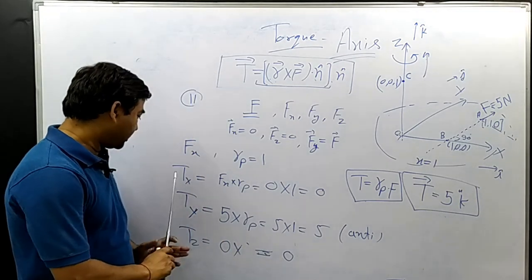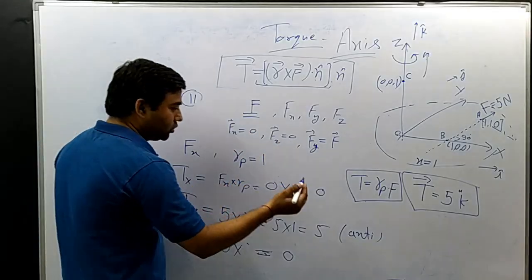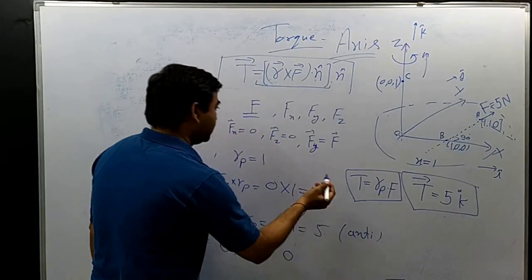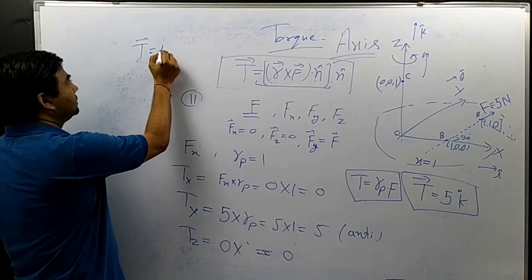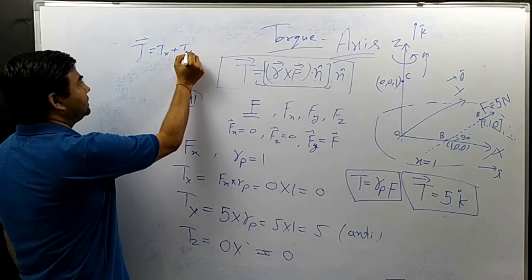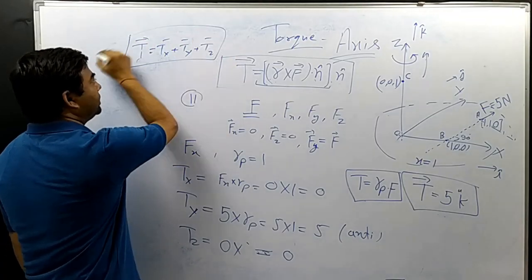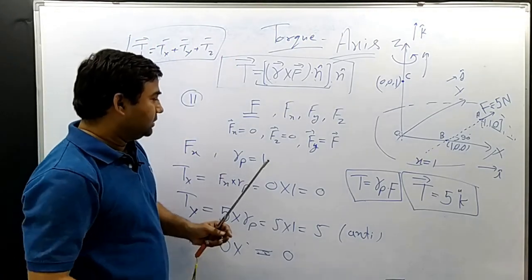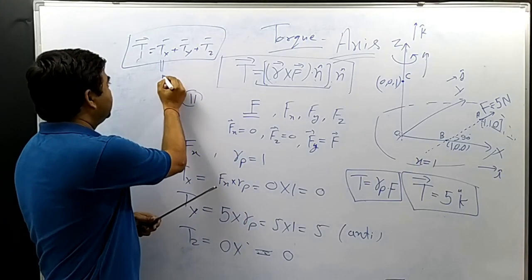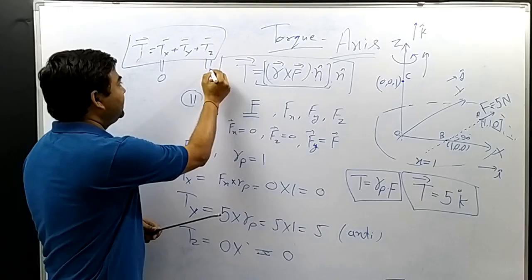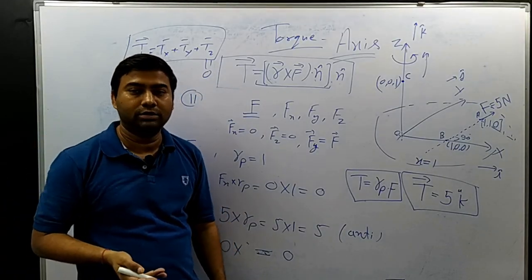So the total torque is Tx plus Ty plus Tz. These are vector quantities, so add all these. Tx is 0, Tz is 0, only Ty is a non-zero torque.